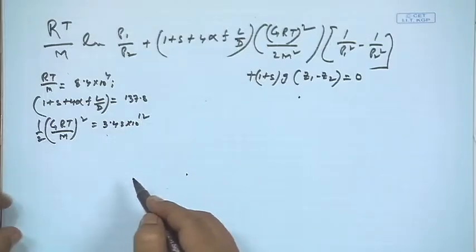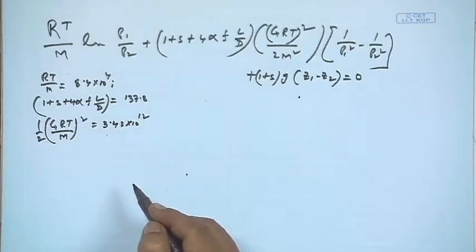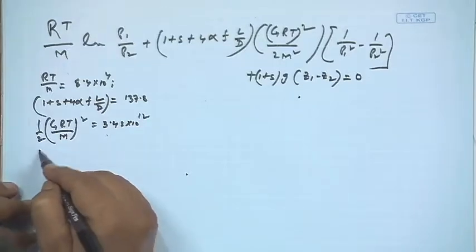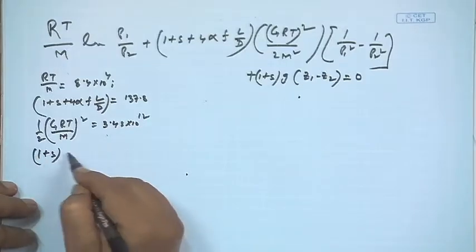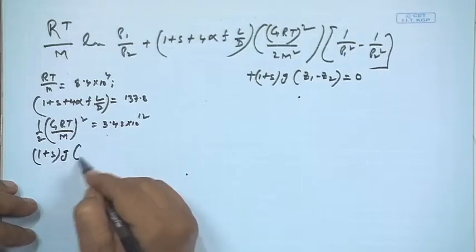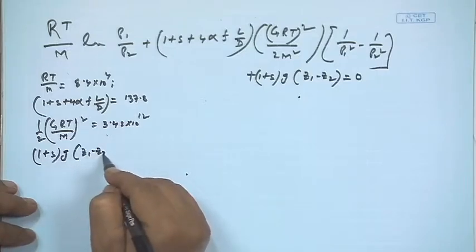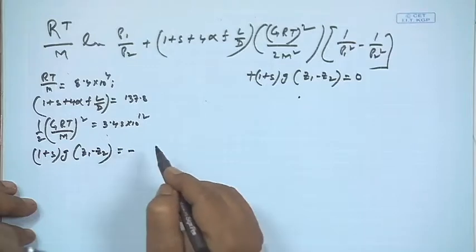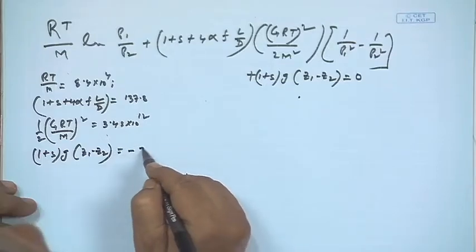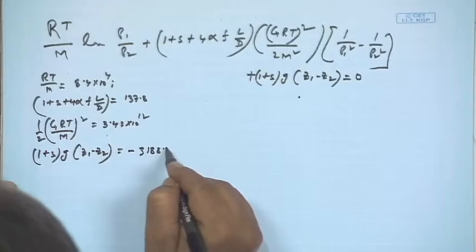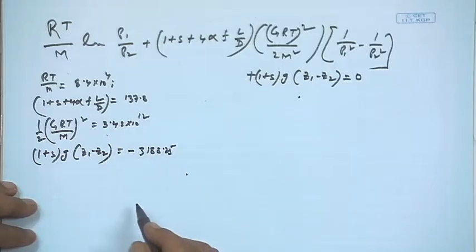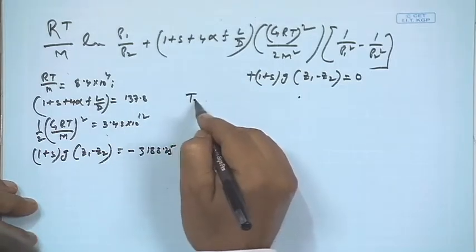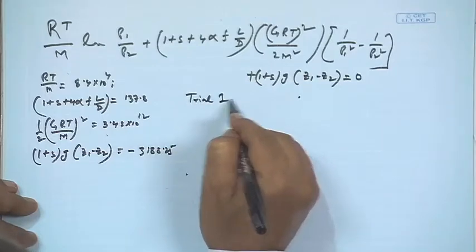And the fourth one, 1 plus S into G into Z1 minus Z2, was minus 3188.25, right.